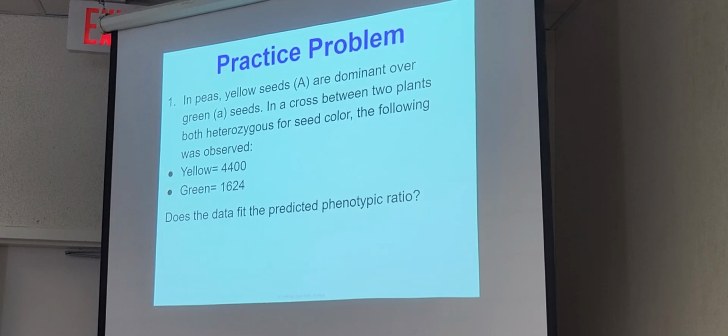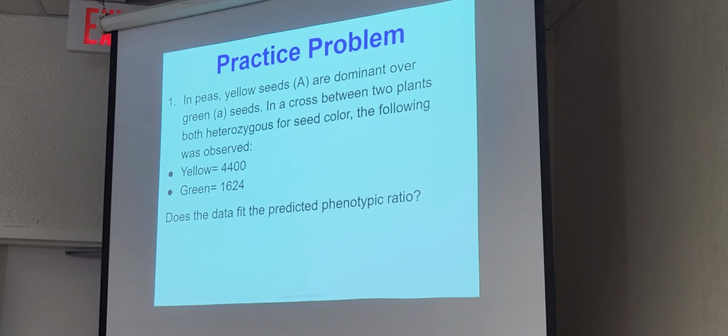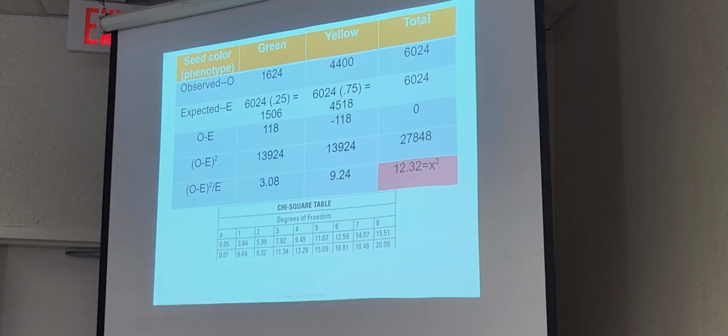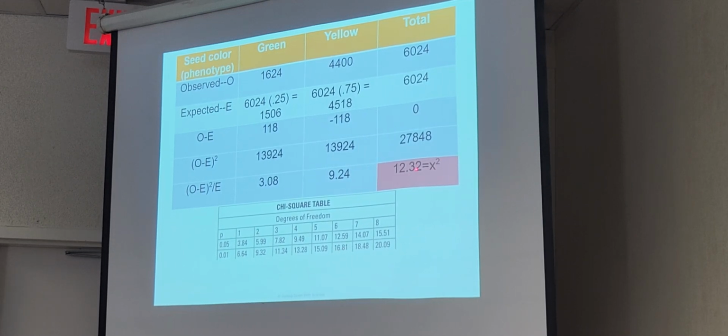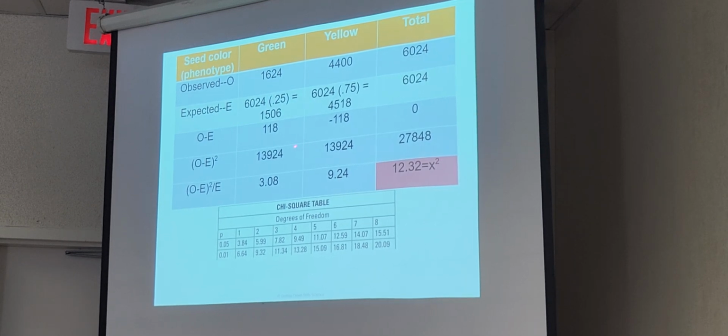What's 4400 divided by 1624? What is this divided by this? So we'd end up with 10.88, according to my quick math up here. Why did we end up with these two numbers so far off? 3.08, 9.24, 13,924.